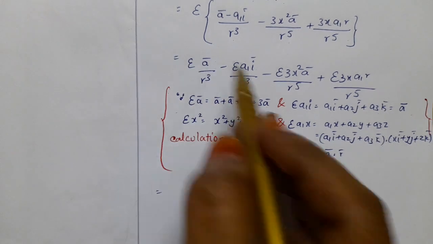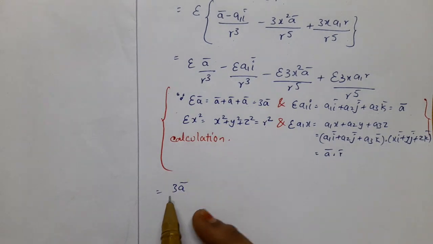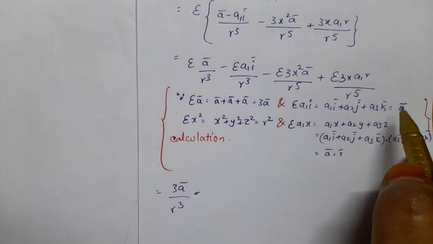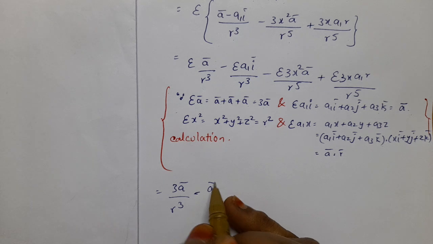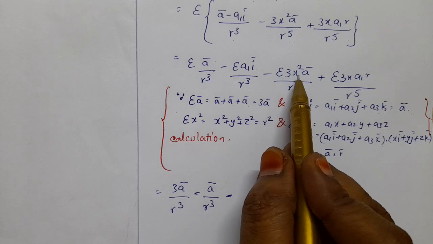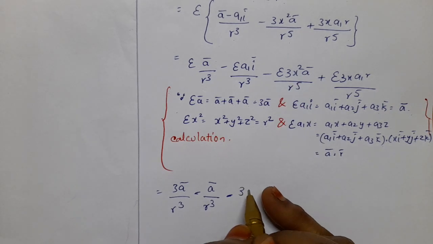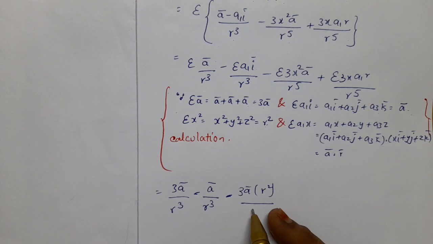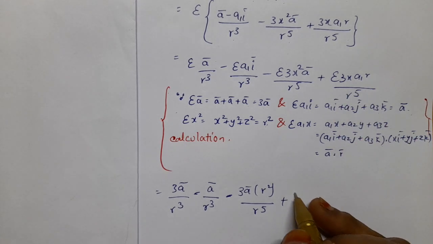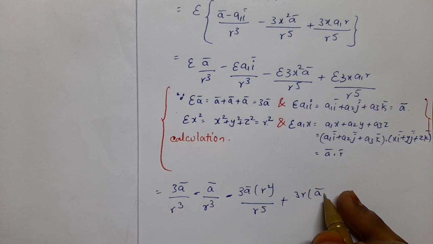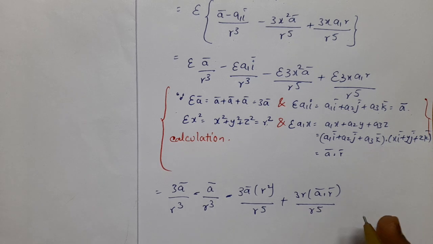This equals sigma a bar, 3a bar by r cube, minus sigma a1 i, a bar by r cube, minus 3a bar into sigma x square, r square by r power 5, plus 3 r sigma a1 x, a bar dot r bar by r power 5.